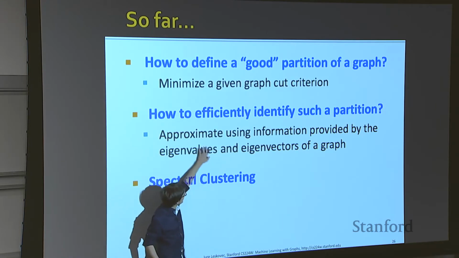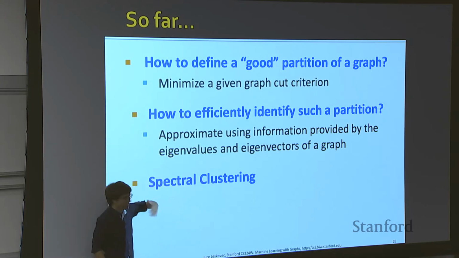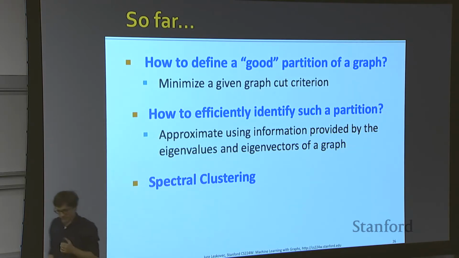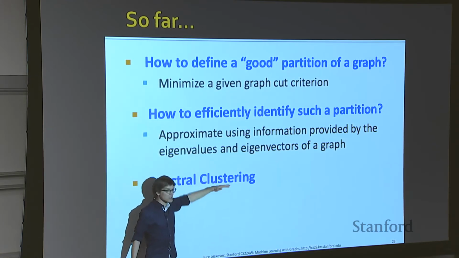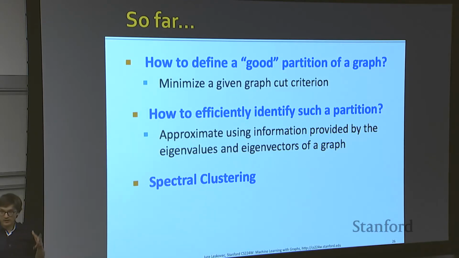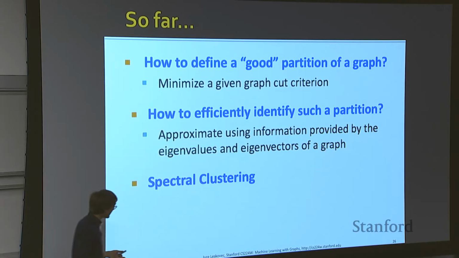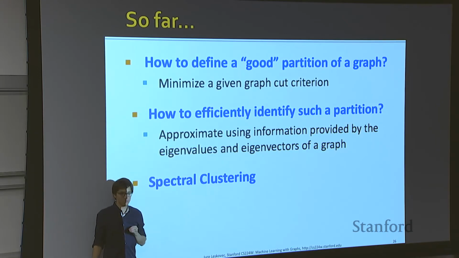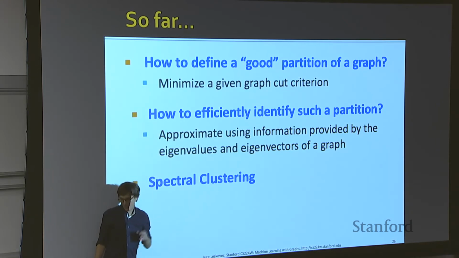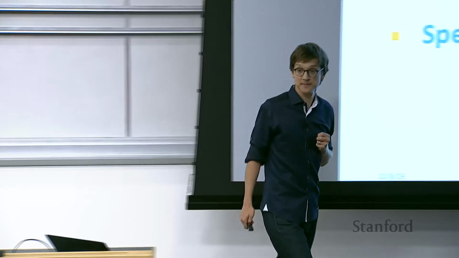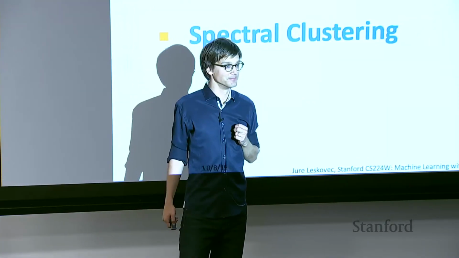We said, let's approximate the information provided by the eigenvalues and the eigenvectors of the graph Laplacian matrix, and this whole thing is called spectral clustering. Okay? So now with this mathematical intuition, I actually want to show you how these things are really done in practice. We can take a bit of a break, and I'm happy to take a couple of questions, if there are any.